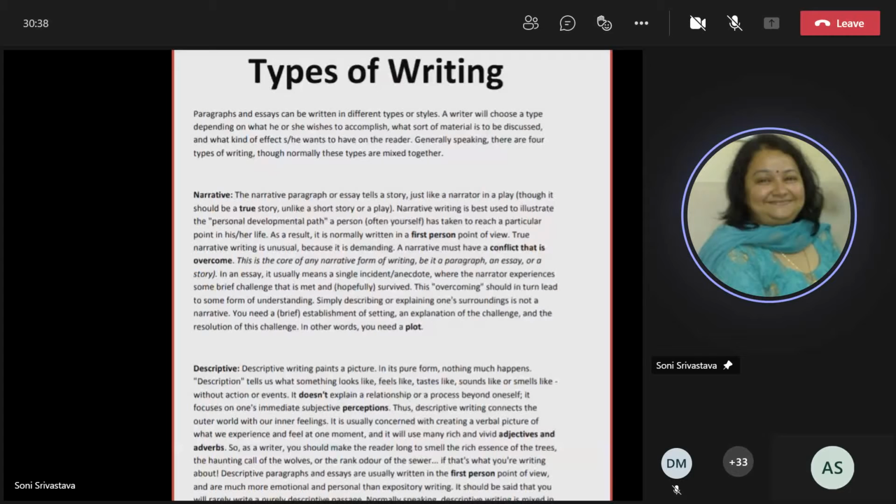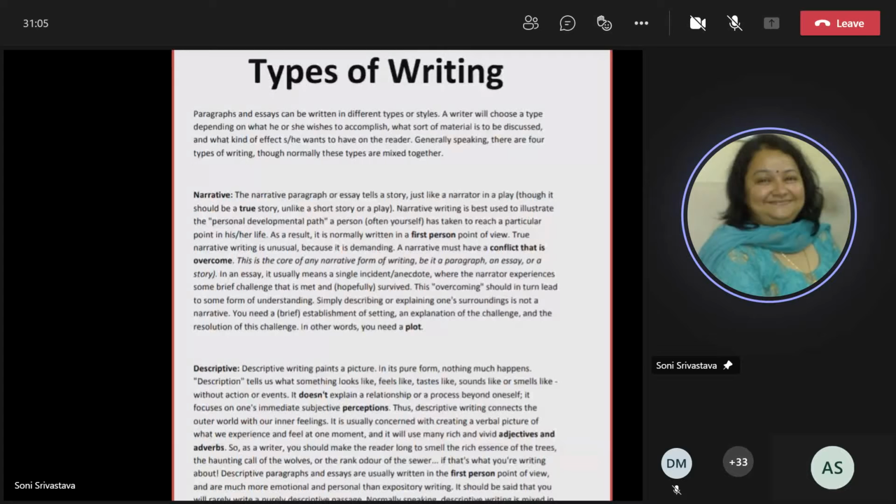But when I'm talking about narrative type of writing, what I'm talking about is my personal experience. It's actually a form of storytelling where we have our own description to be given. Like we talk about the story, detailed, vivid illustrations we give.